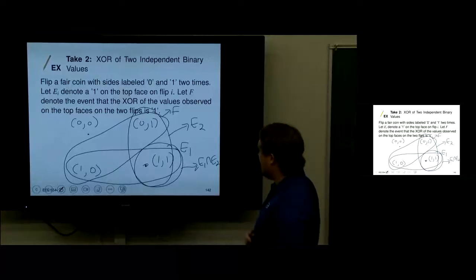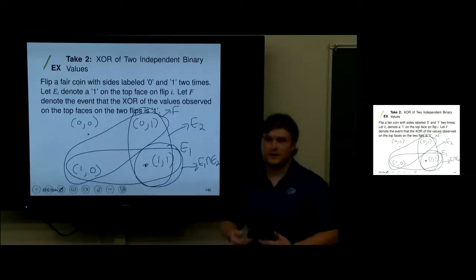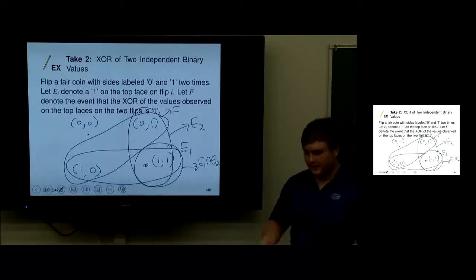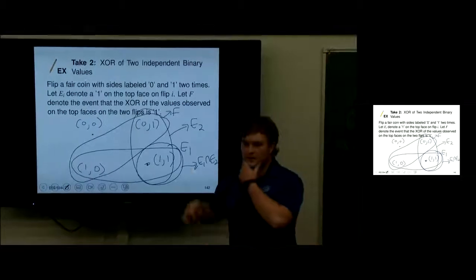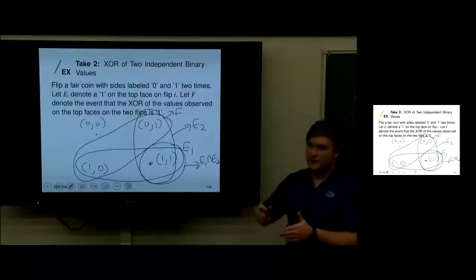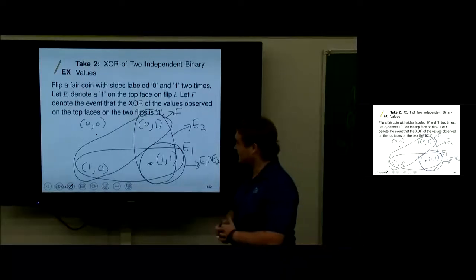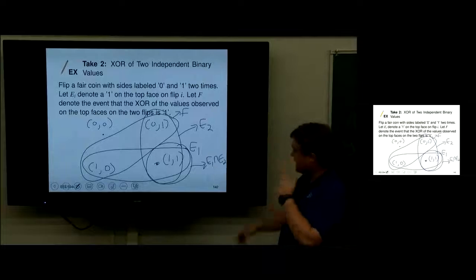Okay. By assumption, E1 and E2 are statistically independent. That's given. And last time when you solved the XOR problem, you saw that E1 and F, and E2 and F, are statistically independent. You can see that from this picture too.